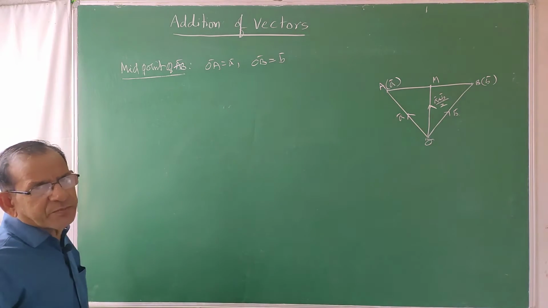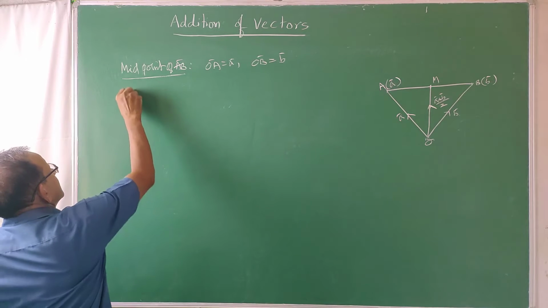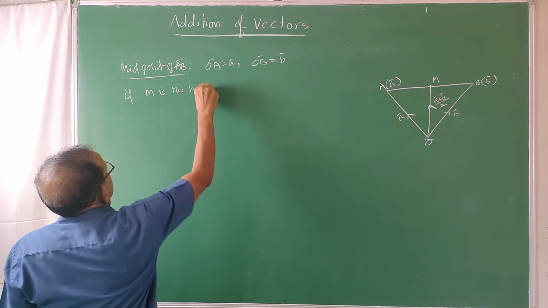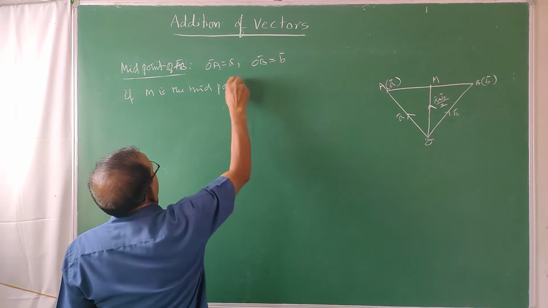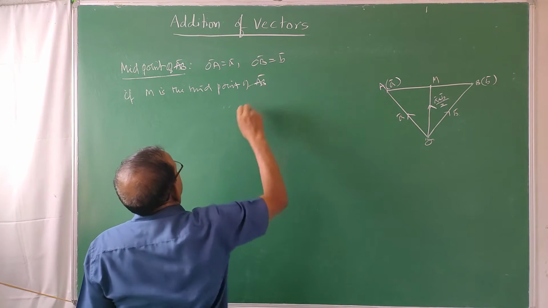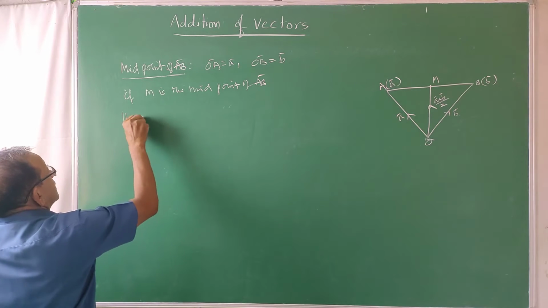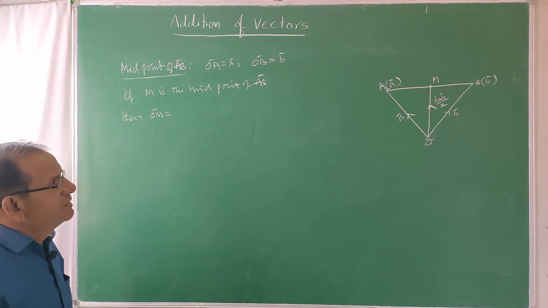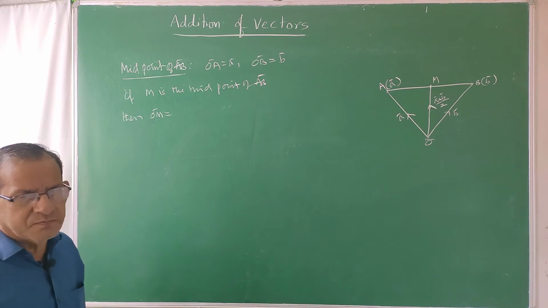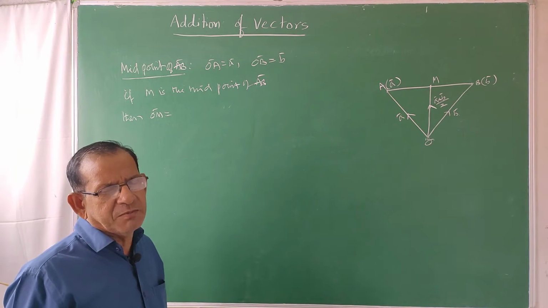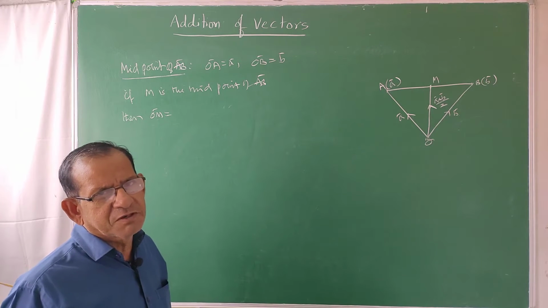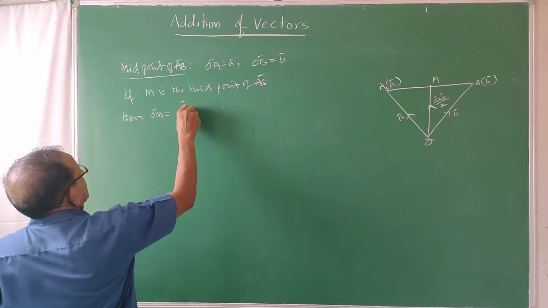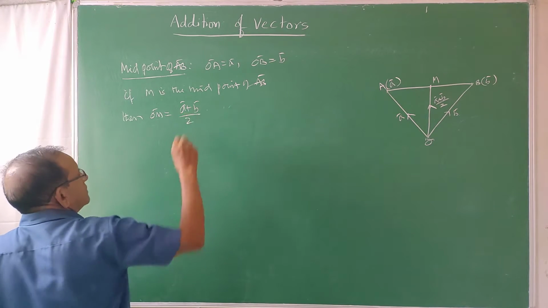If M is the midpoint of AB bar, then OM bar, that is the position vector of the point M, with m:n as 1:1, is m into B bar plus n into A bar by m plus n, that is B bar plus A bar by 2, or you can write A bar plus B bar by 2 also.